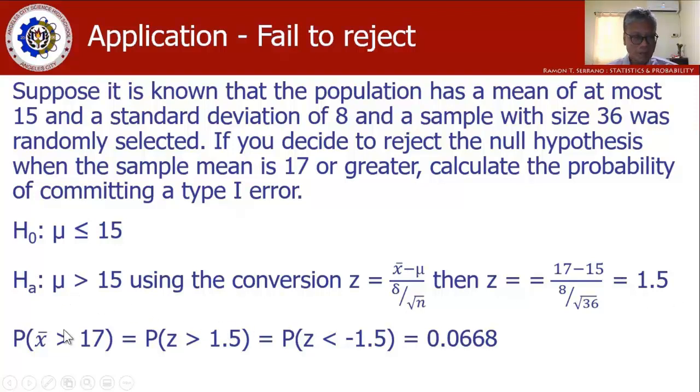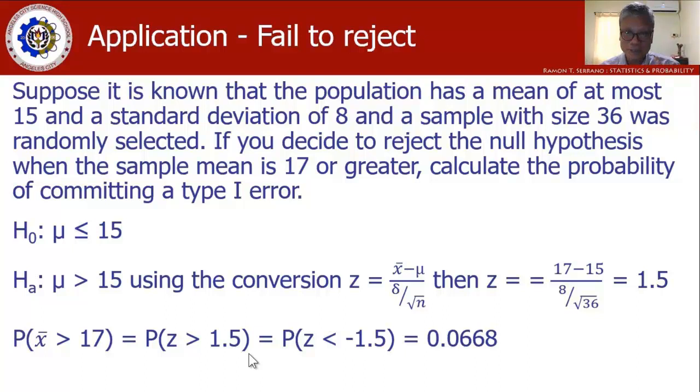Now, I want to go to the probability that x bar is greater than 17, which is equal to the probability that z is greater than 1.5. Because it's greater than 1.5, positive, it's also the same as less than negative 1.5, as you have learned in my previous lessons, because of the mirror image.